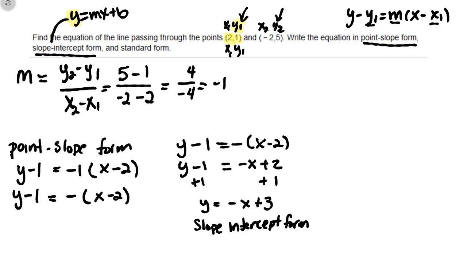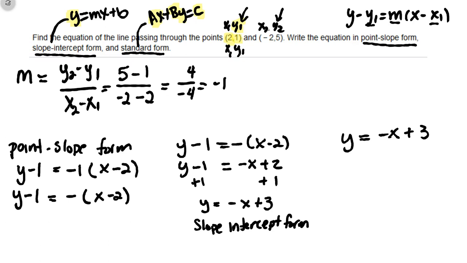Okay, so the last thing we need to do is write it in standard form. Standard form is when we have ax plus by equals c. We're going to have both our x term and our y term on the same side and the constant on the other side. So let's start with y equals negative x plus 3.